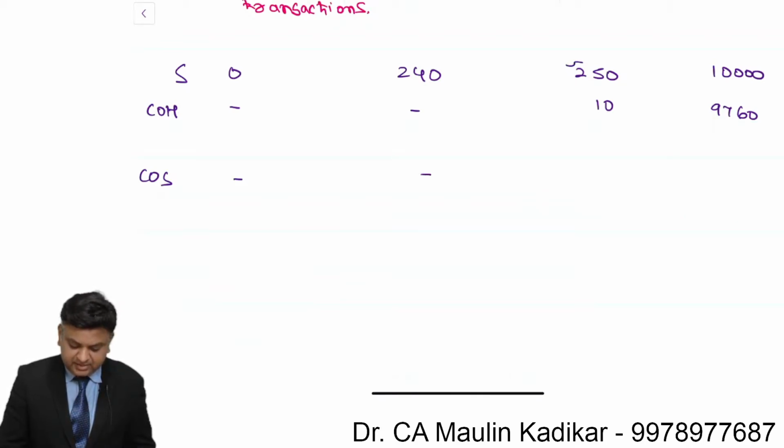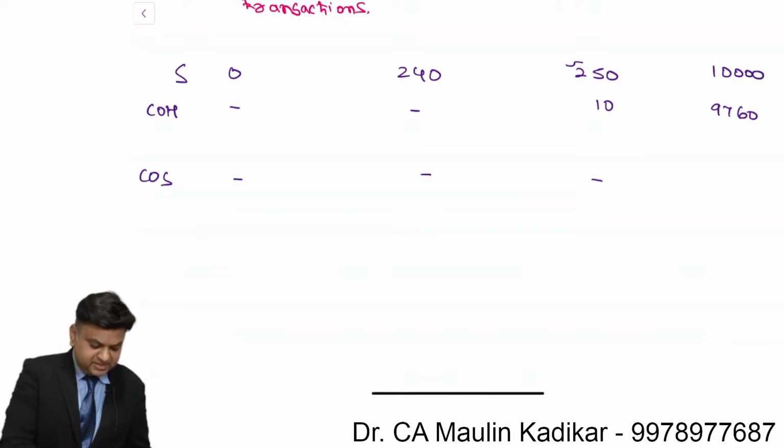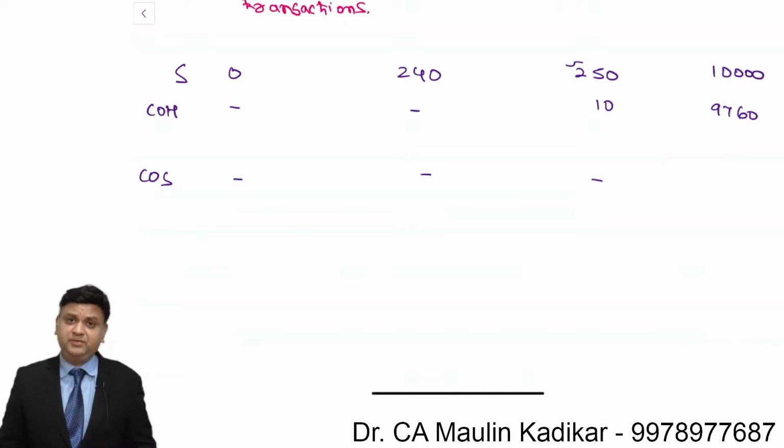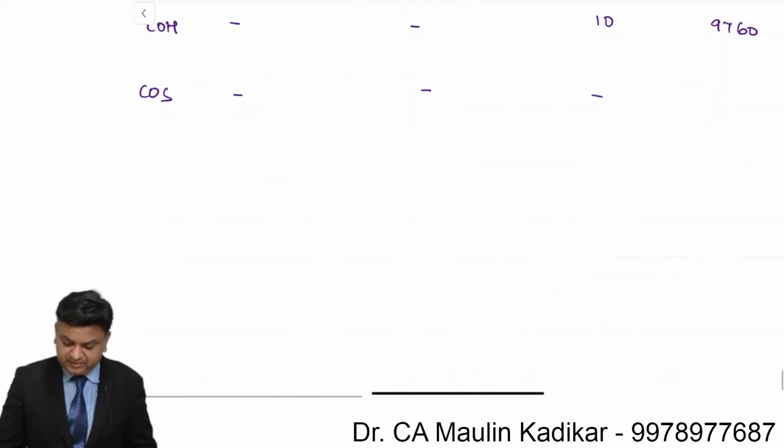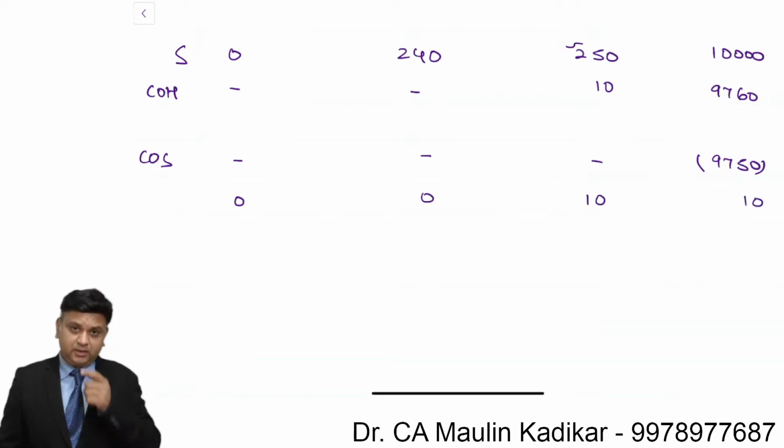So till the time the price is 250, the option that you have sold will not be exercised. When the price is 10,000, then the person to whom you have sold the option will exercise it, and you will have the negative payoff of 9750.